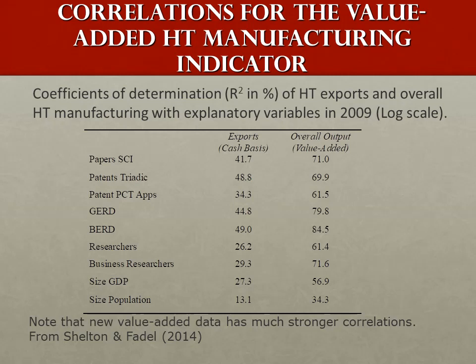When Apple sends one of their computers or iPhones to the United States, manufactured in China and sold in the United States, it's counted as an export for China. Okay, well, that's a little misleading because those products often have components in them that were manufactured elsewhere, not in China, but maybe even in the United States.